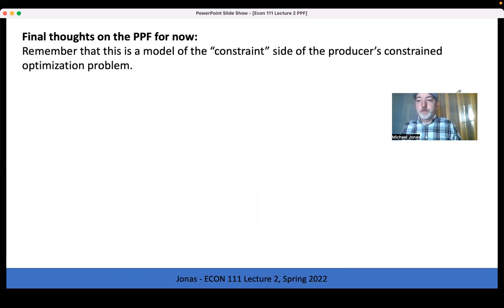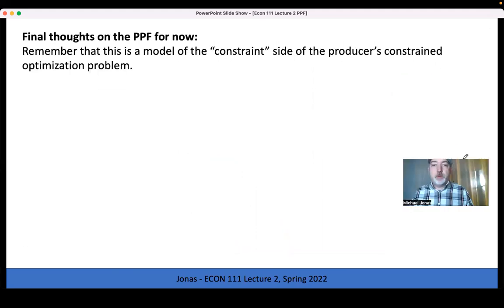Okay. So to wrap this up for now, we come back to this model a lot, right? Because it's so foundational. It gives us such a convenient way to think about all of these issues. But as far as where we're going to go from here, remember that this model is representing the constraint that's applied to the producer's optimization problem.